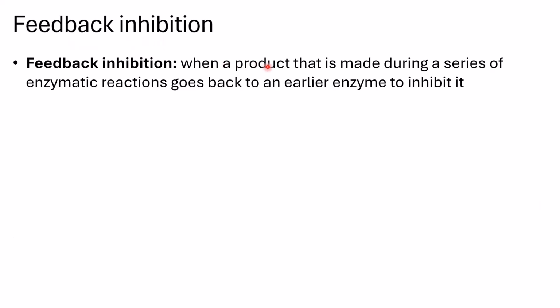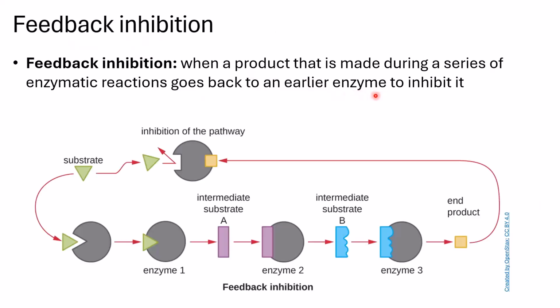A subset of allosteric inhibition is feedback inhibition. This is when, after a series of metabolic reactions, the final product goes back to inhibit one of the earlier enzymes. In this example, we have a substrate that binds to enzyme 1 to make molecule A. A is then the substrate for enzyme 2, which makes molecule B. B is the substrate for enzyme 3, which makes the final product.